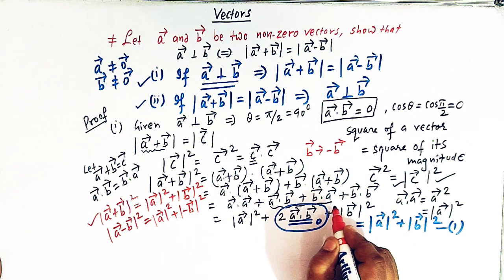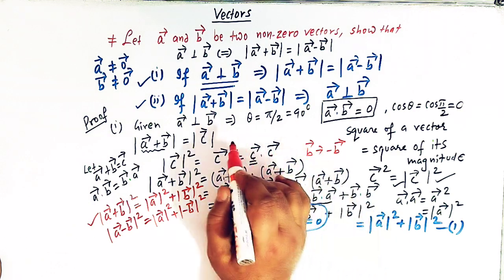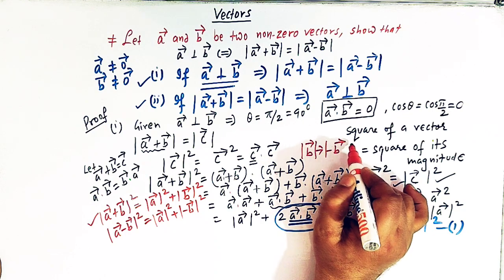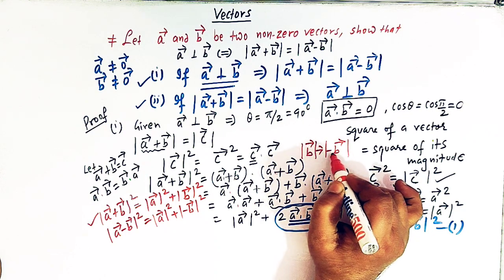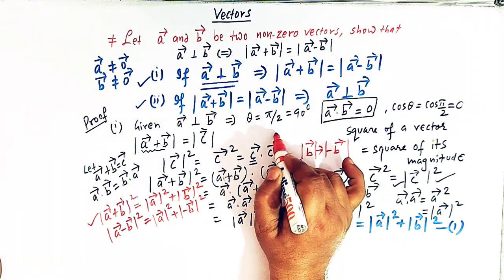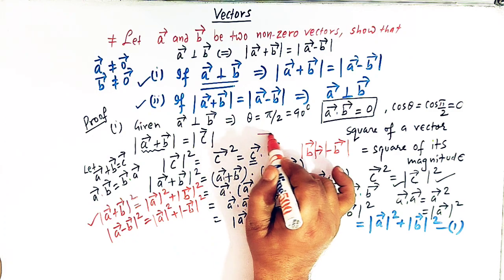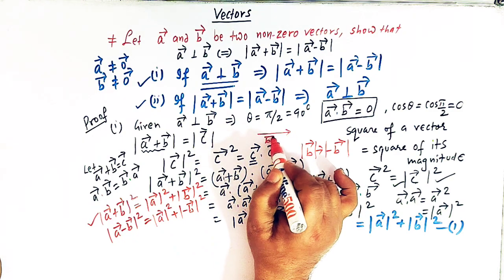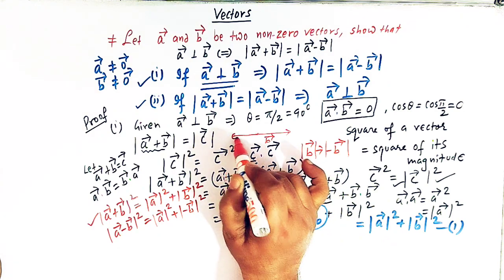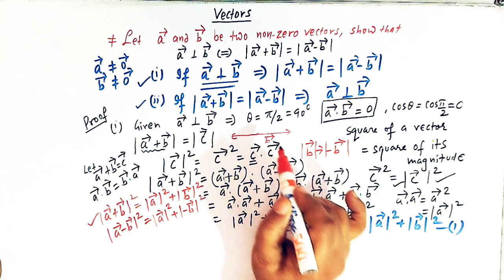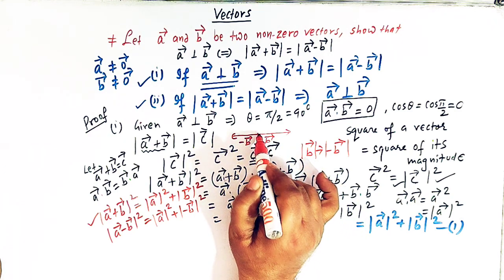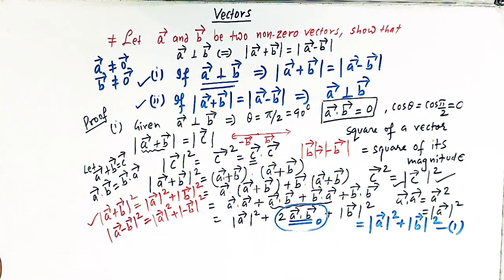And from vectors we know that the magnitude of vector b is always equal to the magnitude of the vector minus b, except the direction, right? So if this is vector b, then negative of vector b orients like this, or the direction of the vector minus b is opposite to the direction of the vector b.